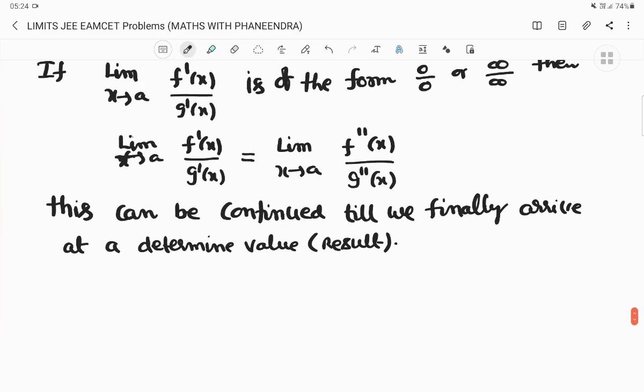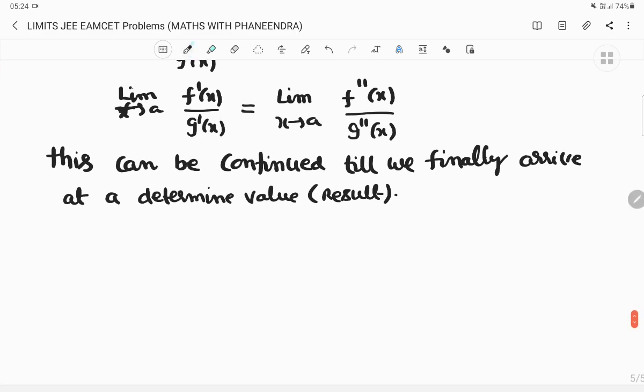For example, we will take it. Limit x extends to 0, kth root of 1 plus x minus 1 divided by x, where k is a positive integer.